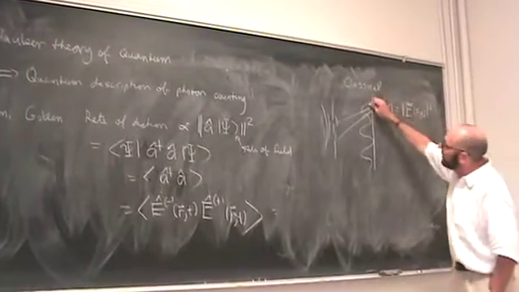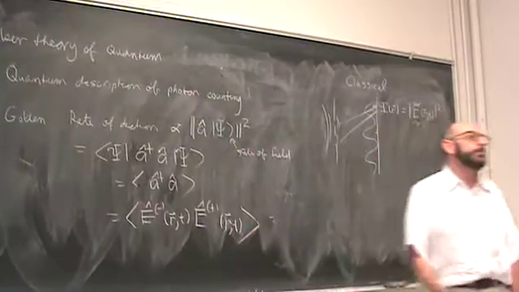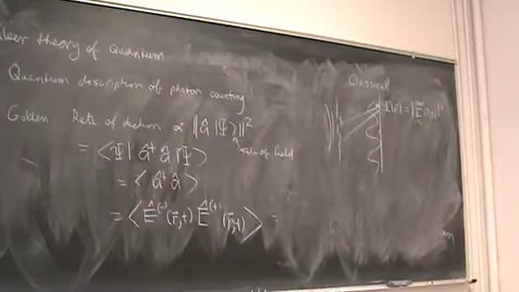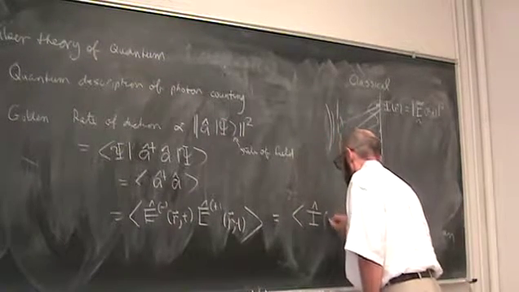Quantumly, we get clicks. And the rate at which we get those clicks is related to this, which is the quantum analog. So sometimes this is written as the intensity operator.